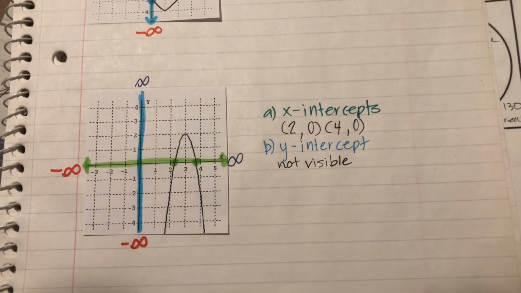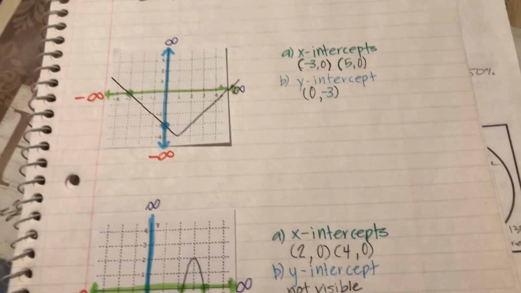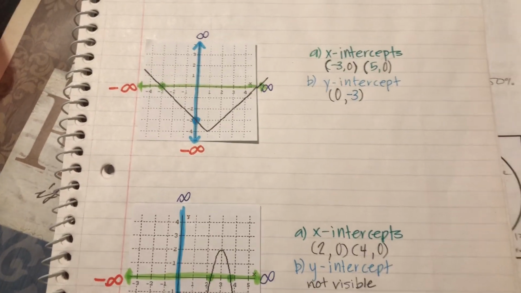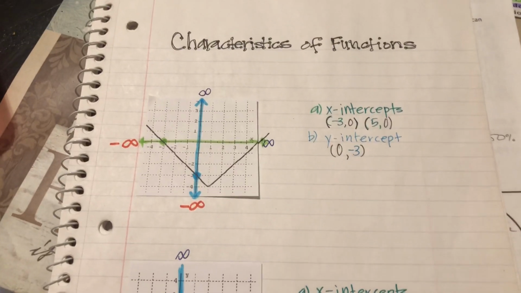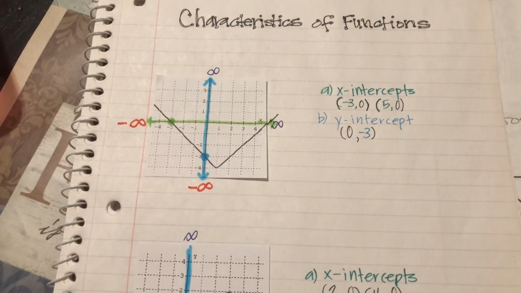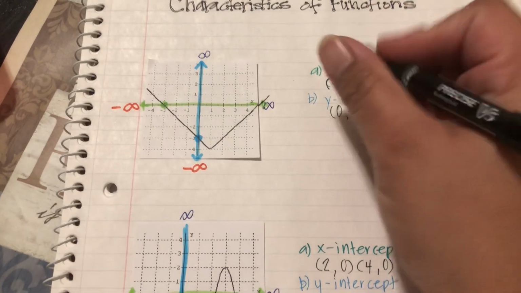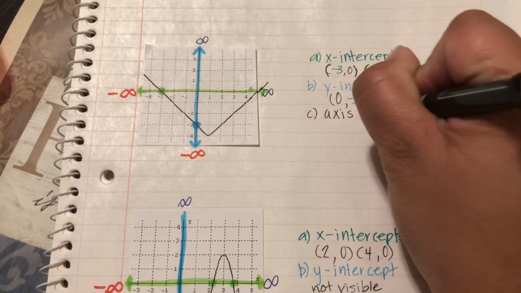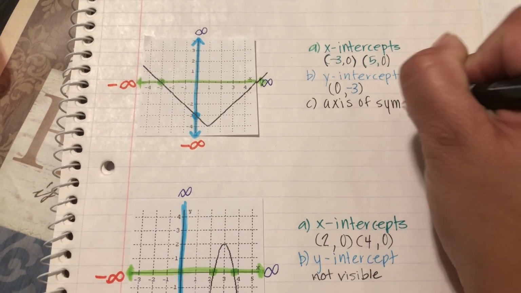All right, the next characteristic of these graphs is our axis of symmetry. And for this, we had been using yellow, okay? Obviously not going to write in yellow because then that wouldn't make sense. But I'm going to do C, axis of symmetry.